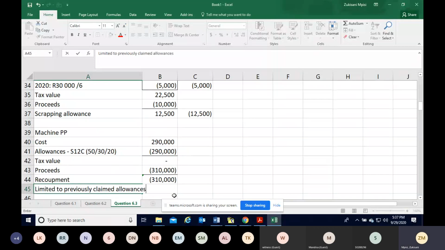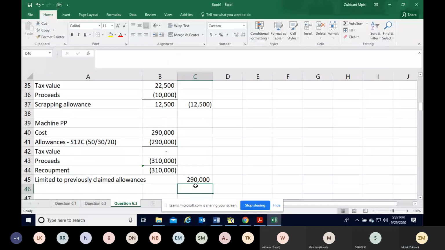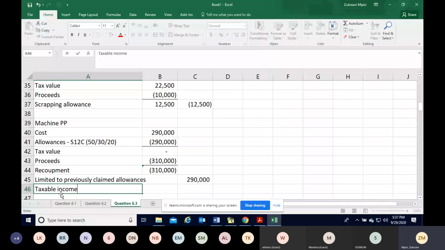And what were the previously claimed allowances? 290,000. Therefore, we can now calculate taxable income.